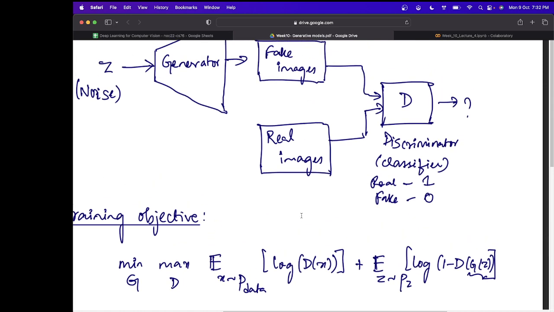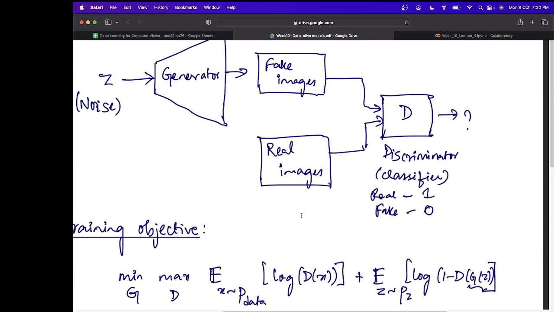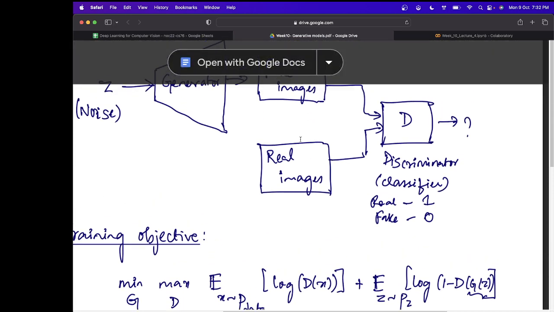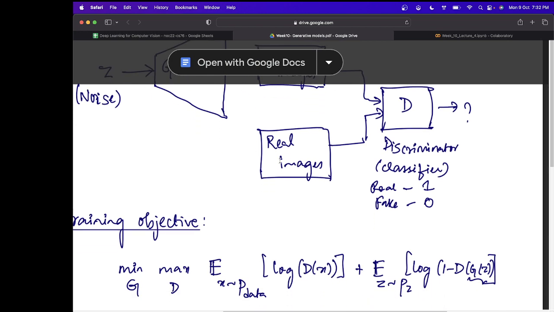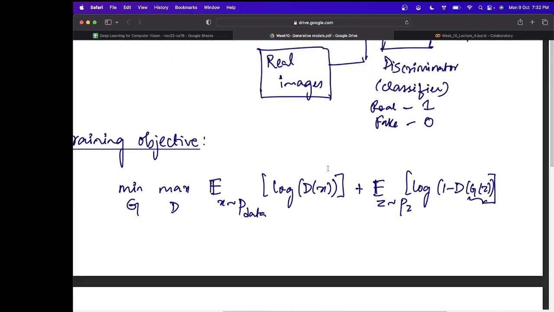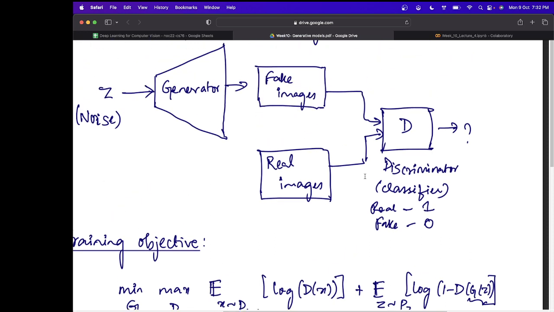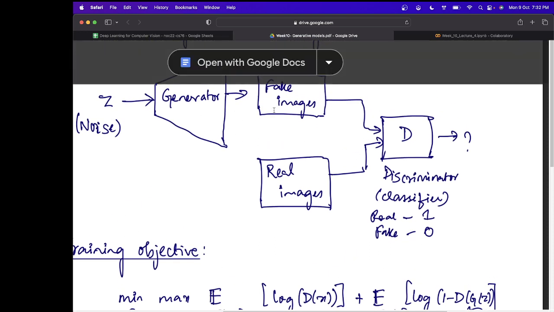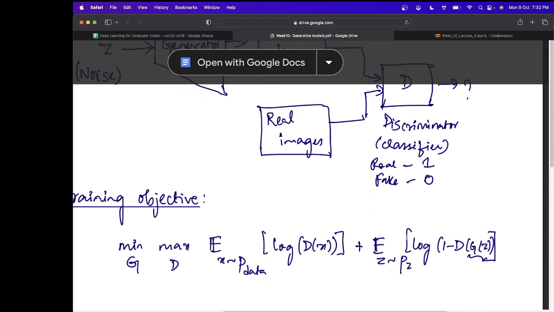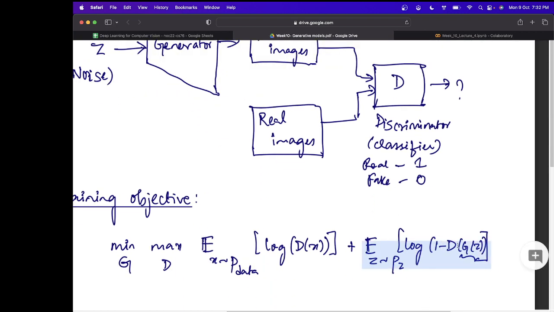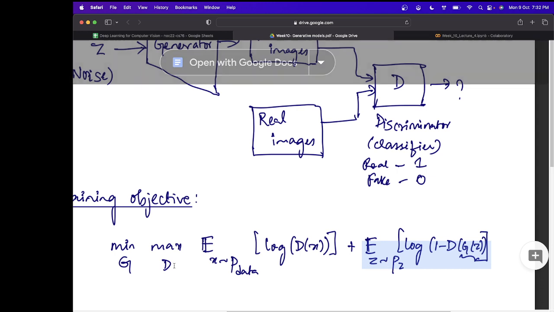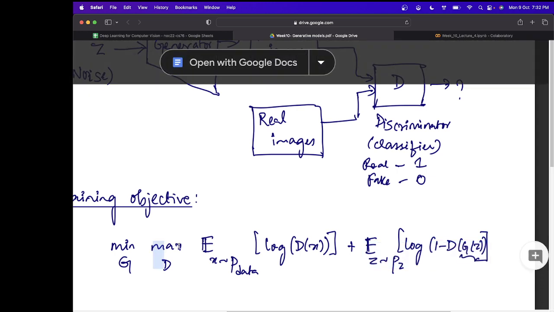Yeah. So the generator's job, like I said, is to basically ensure that the fake images are as realistic as possible. Hence, what you want is that for whatever fake images, the discriminator's value should be as high as possible. So this entire expression, while it was getting maximized for the discriminator, for the generator, it will get minimized.